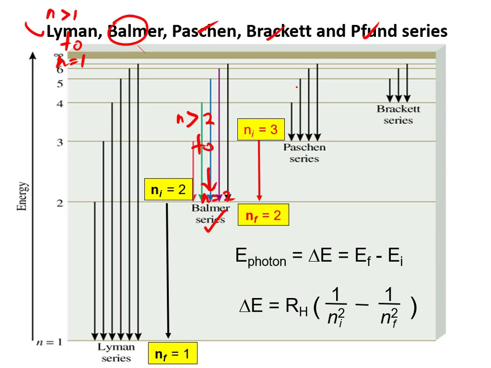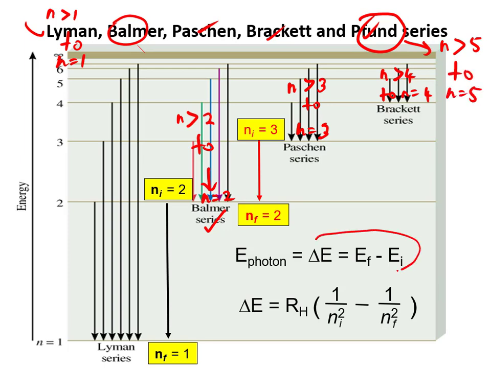How about this Paschen series is when electron drops from n more than 3 to n equals to 3. Brackett is when the transition of the electron is from n more than 4 to n4. How about Pfund series? Pfund series is when the electron transit from n more than 5 to n5.